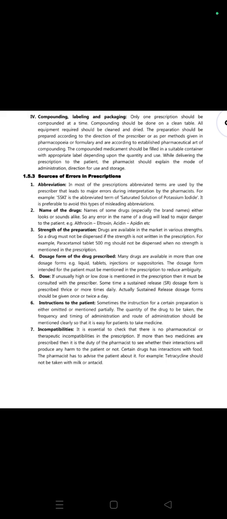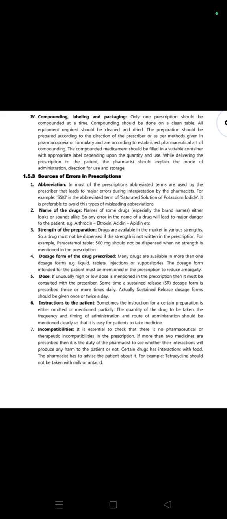Then dosage form of the drug prescribed. Many drugs are available in more than one dosage form, for example liquids, tablets, injections, or suppositories. The dosage form intended for the patient must be mentioned in the prescription to reduce ambiguity. Dose.